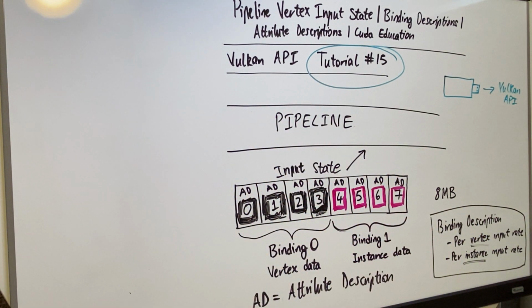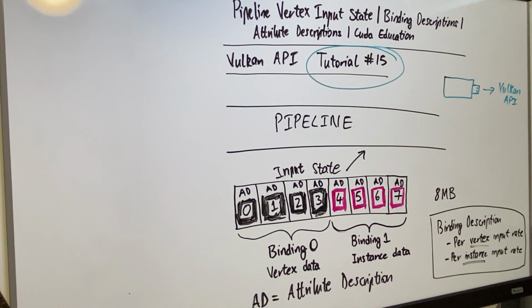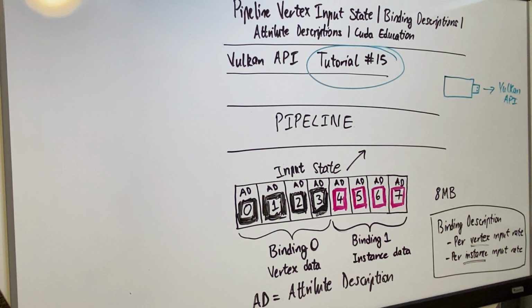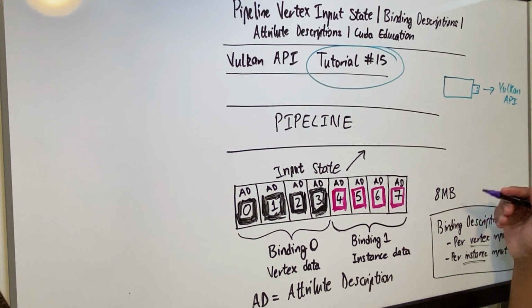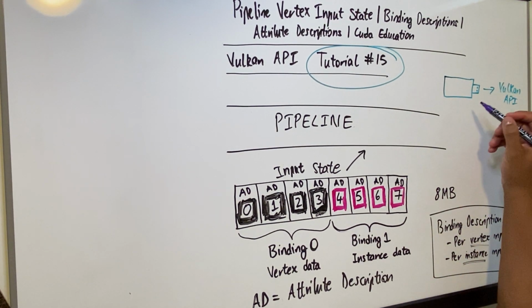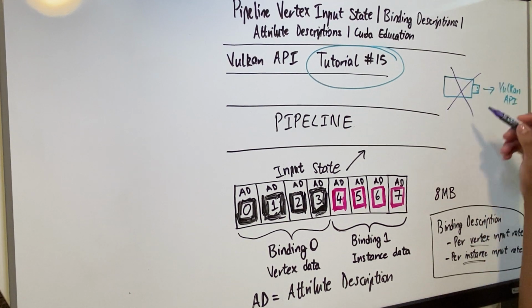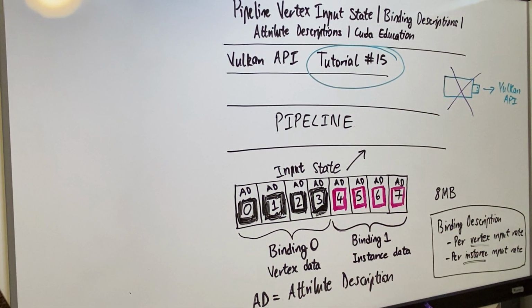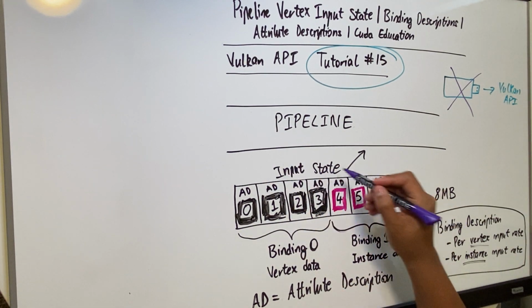All right? So this whole idea of you're just gonna hand over a blank USB stick with no labeling, nothing on it, and it has 8 megabytes worth of data, it doesn't work, right? You actually need to describe what it is.